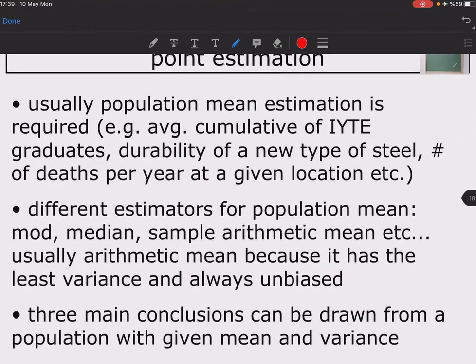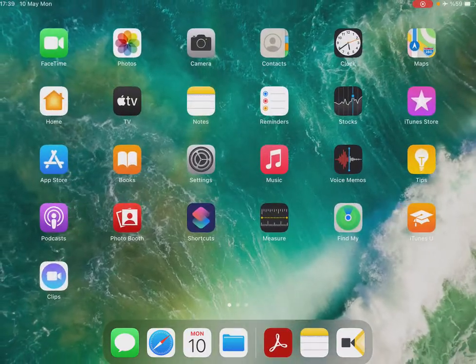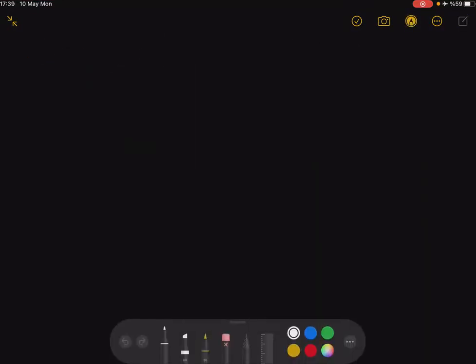So, three main conclusions can be drawn from a population with given mean and variance right here. Now, let's try to address them one by one.